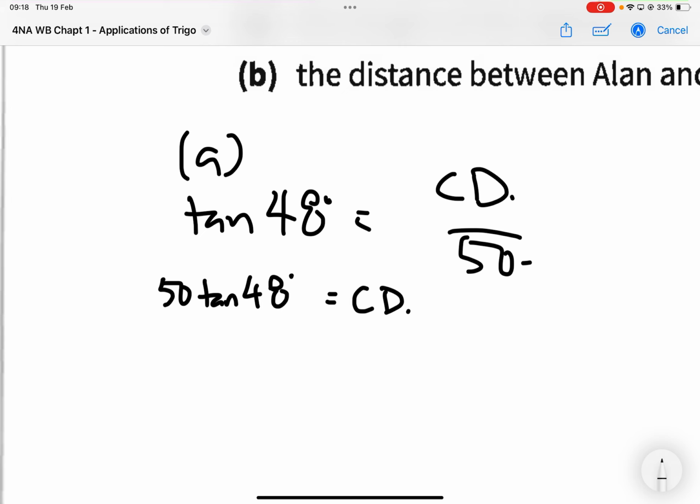Okay, I multiply 50 because I want to cancel out the denominator. So I multiply 50 to both sides at the same time. Equation, whatever I do, I must do to both sides. Multiply 50 to cancel. Then I just press calculator. 50 times tangent 48.